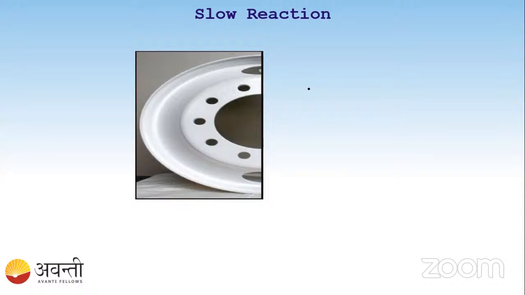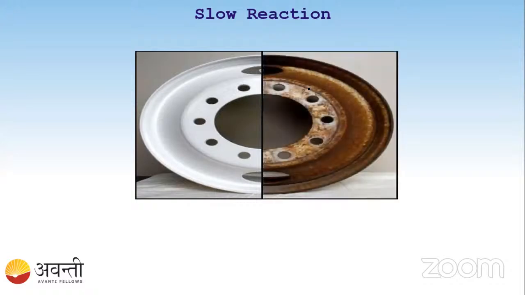It will not be like milk turning into curd within 1 or 2 days. It will take years for iron to get rusted. If you keep iron metal aside for 2 to 3 years, only then will it start showing rust. So that is one slow reaction where delta T is completely infinite. Delta T is infinite, so in that case also you cannot find a rate of reaction.